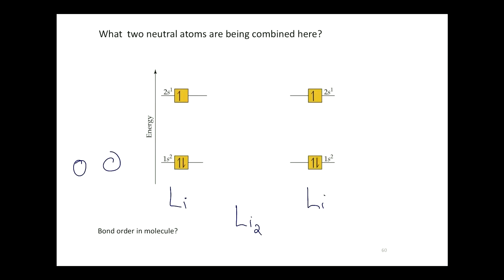So we get a sigma bond and a sigma antibond. Those are the rules of linear combinations, because that's essentially what we're doing. We get a sigma bonding orbital between 1s orbitals, and a sigma star between 1s orbitals. The star antibonding is always higher in energy. So that's that one interaction.